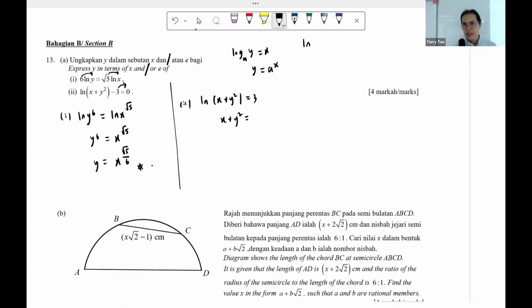But ln itself means log base e. So if log base e y is x, y is e power x. So this whole thing is your y. You write your base e power 3. Since you're finding y in terms of x, I'm going to bring my x over, so it's minus x. Then I'm going to square root it. So e power 3 minus x.